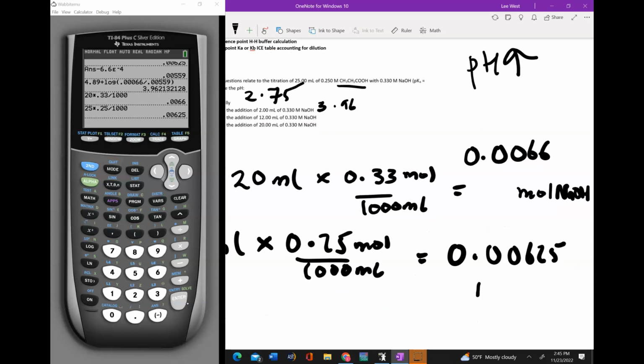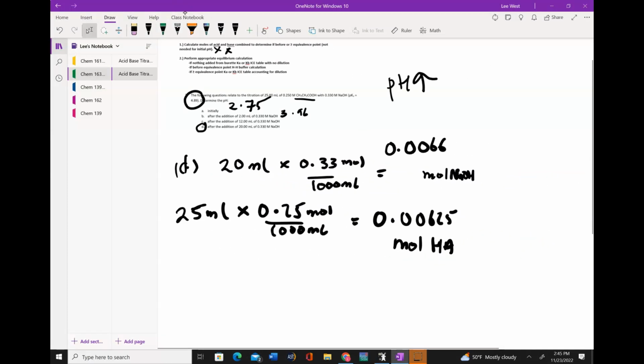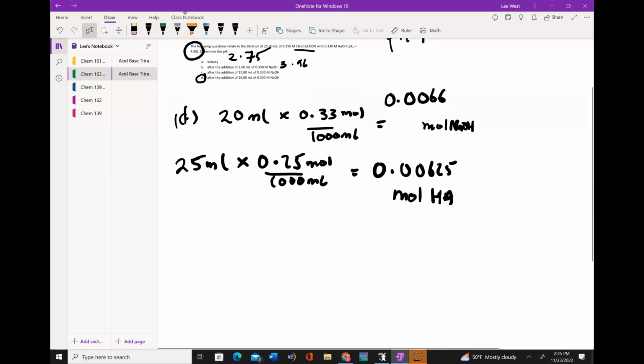So you can see that we are just a tiny little bit past the equivalence point, right? We can see that we've just got a little bit more base added than acid that we started the titration with. So let's figure out what we've got from each component.